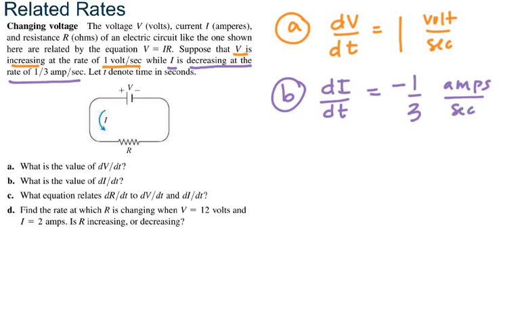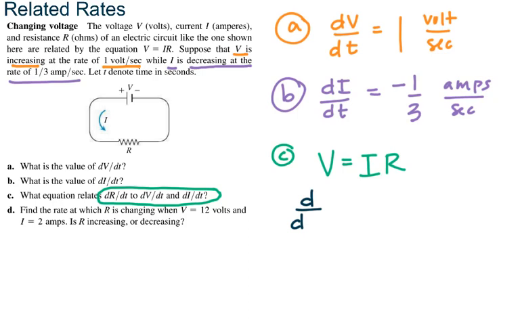So if we want to know which equation relates dR/dt, dV/dt, and dI/dt, we're going to take V equals IR, the given equation that we know, and we're going to differentiate with respect to, you guessed it, time.